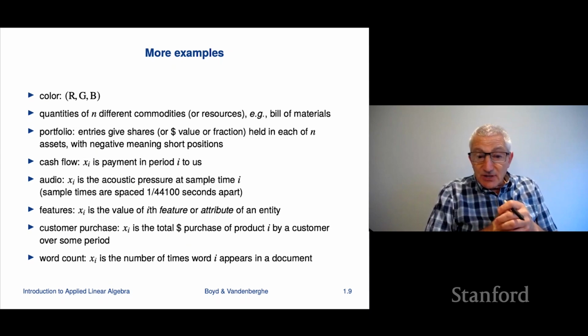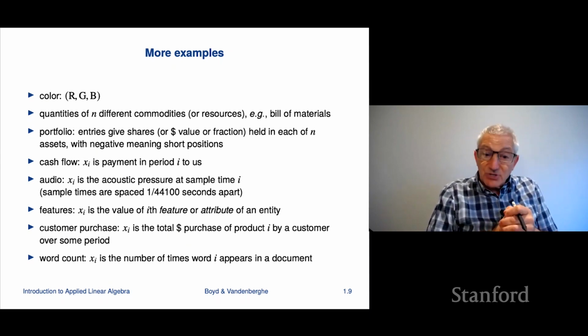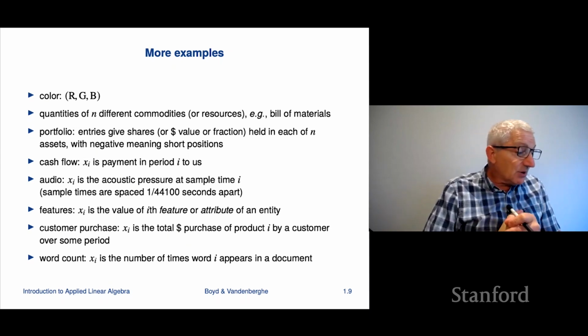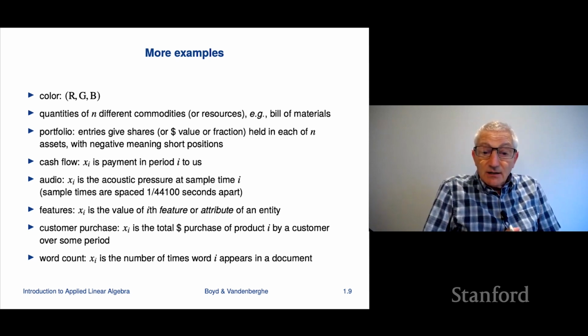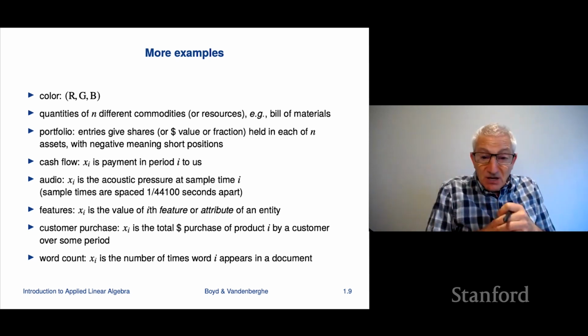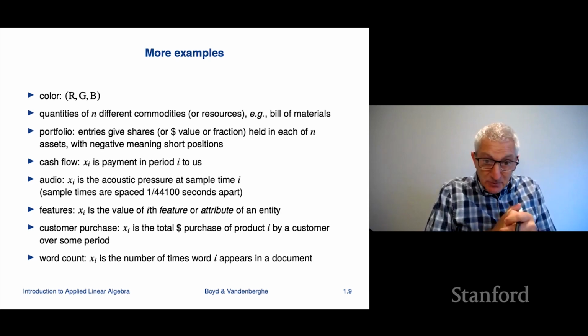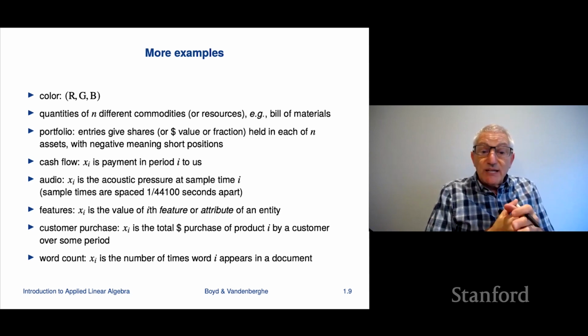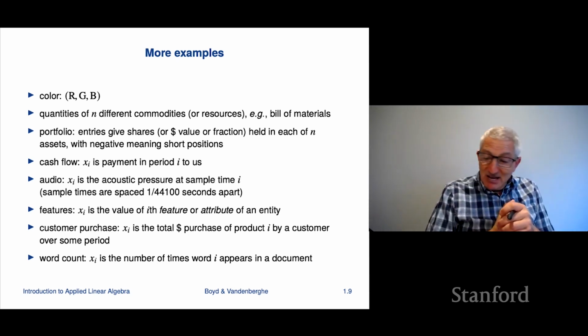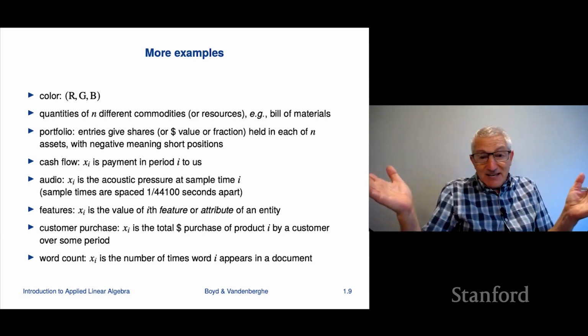let me mention some others, and I actually frankly find these more interesting. First of all, colors that the human eye responds to are given by 3 vectors, so 3 numbers, R, G, and B. That's the red, green, and blue intensity level. It's very cool, so you can describe a color by giving 3 numbers.